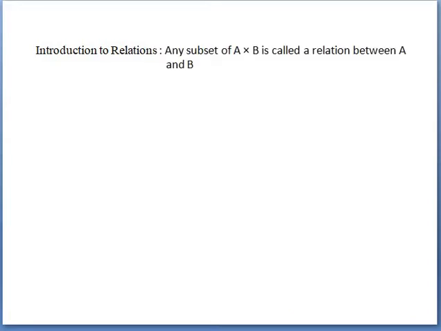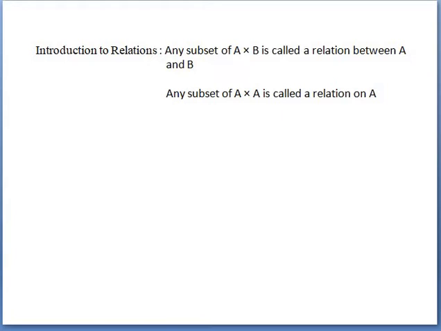if I say relations, the relations are subsets of A cross B. That is, these are the subsets of the Cartesian product of the two sets A and B. See, a relation can be the Cartesian product of the same set.